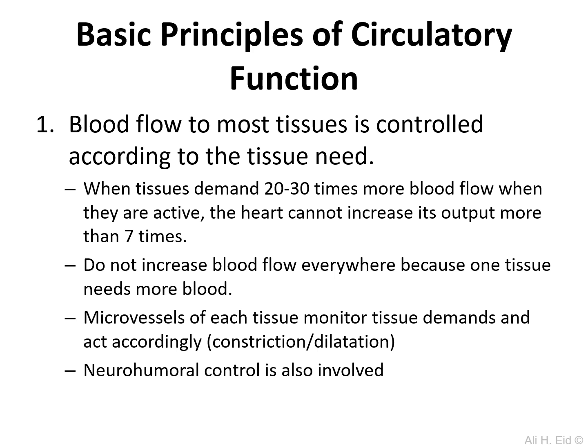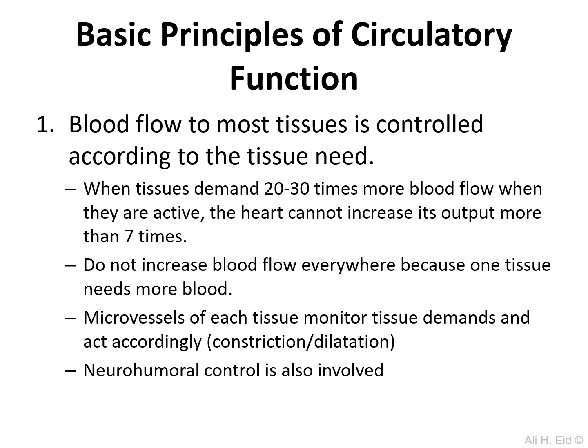The problem is the heart is not able to increase its output 20 times. Maybe 5 to 7 times, that's the maximum we can get the heart to pump more than its baseline. What we can do, however, to solve this issue, remember the general principle is that the blood flow to most tissues is controlled according to the tissue need itself.